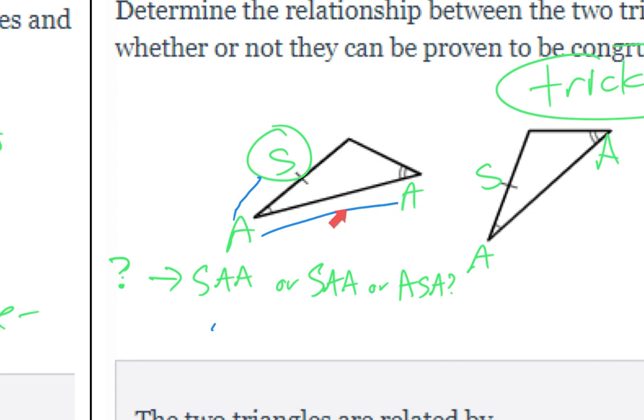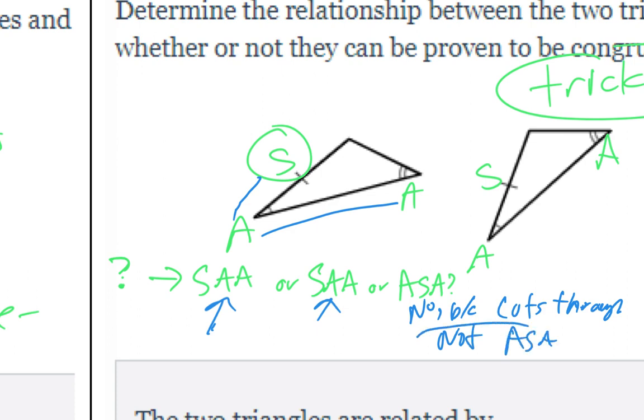SAA, that's also the same thing. Either one of those is the same. SAA. But let's look over here. ASA. ASA would be cutting through, because it cuts through. Okay, so it's not ASA, it's going to be SAA or AAS.